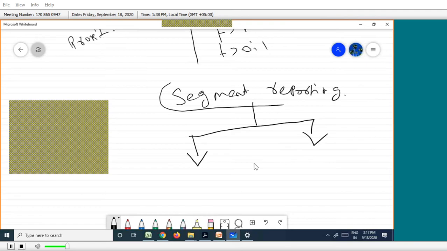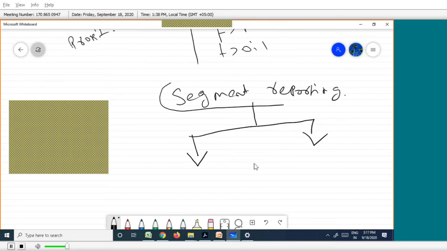One is business segment, and another one is geographical segment.